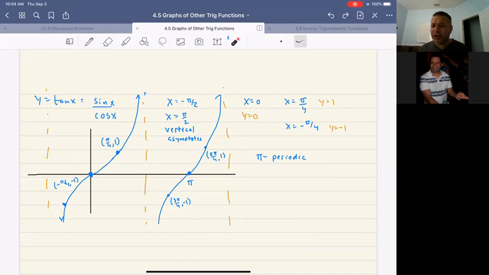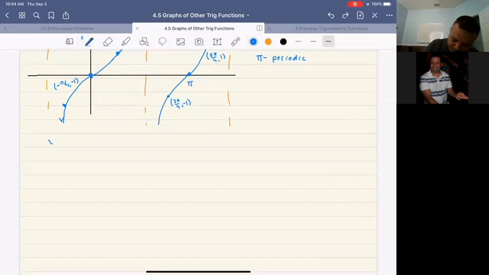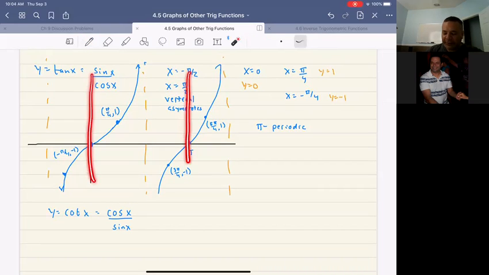Let's take a look at cotangent of x. Now cotangent of x is a little bit different because that's cosine over sine. We're still going to look at similar points, but now the points we're actually generally going to look at are from 0 to pi.